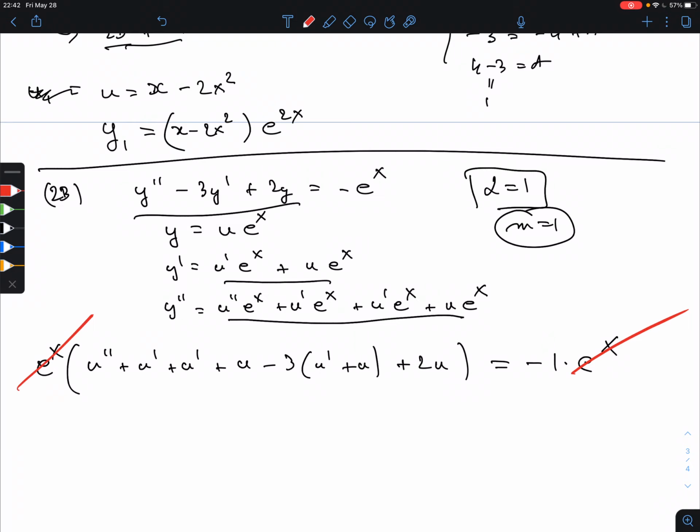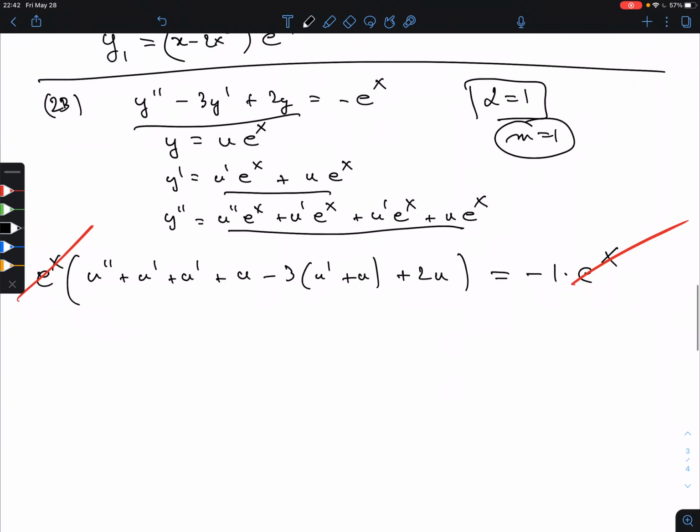And so what we have is a second order constant coefficient equation, but now in u. We have u prime plus u prime minus 3u prime, that is minus u prime. And u minus 3u plus 2u, that is 0. We expect this, we know that this is going to happen. If the multiplicity is not 0, then things are going to disappear.